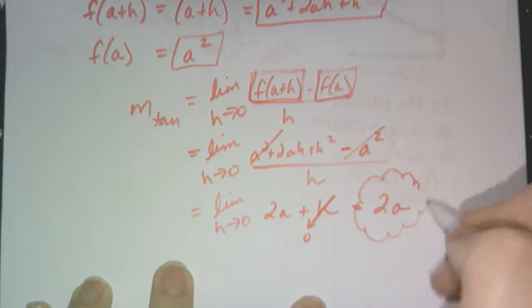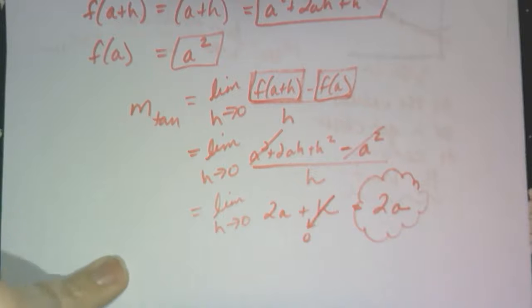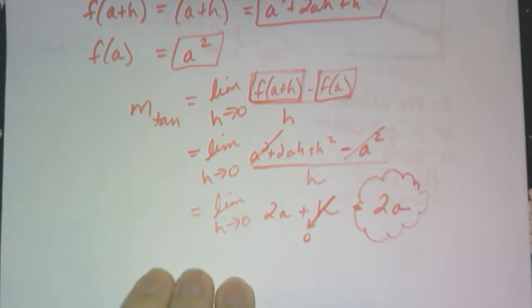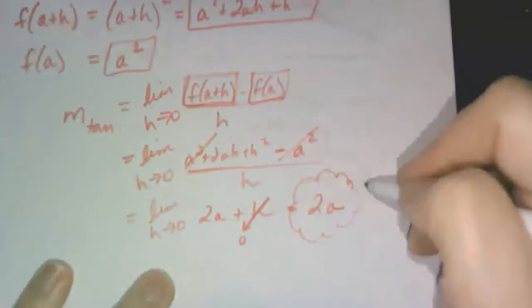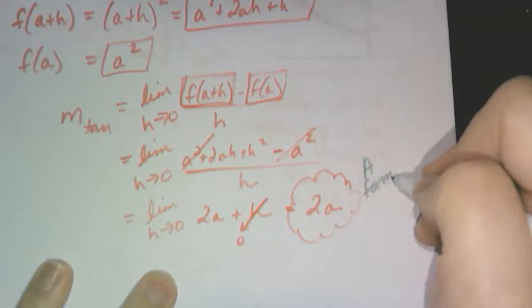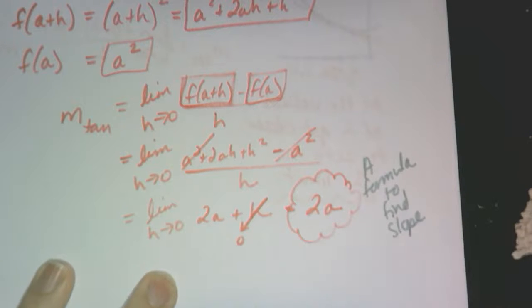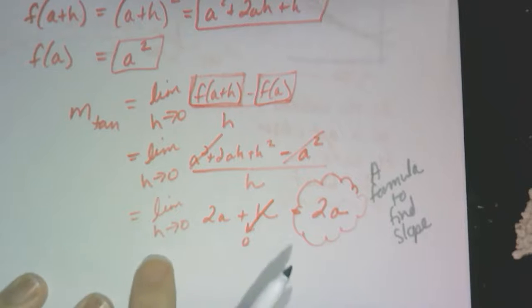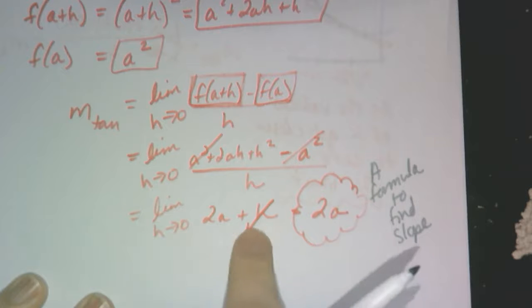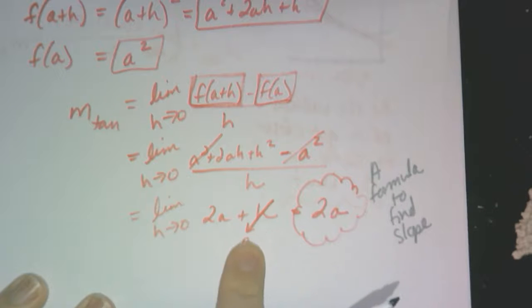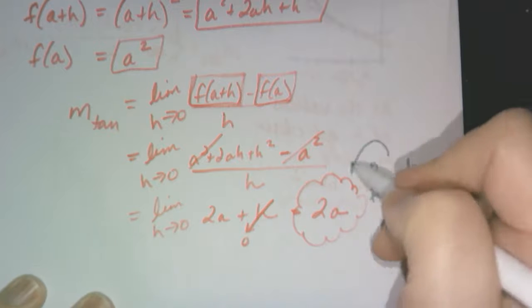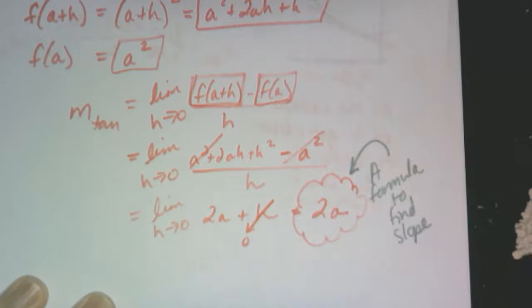This right here, you're going to want to write this part down, is a formula to find slope. If I take the limit as h goes to 0, this would go to 0, right? Yep. Okay. This right here is a formula to find slope.